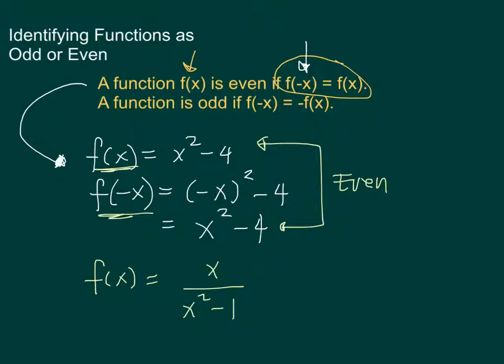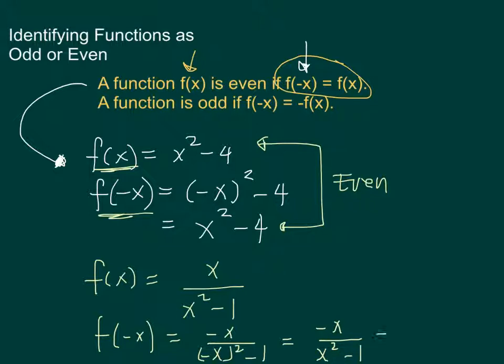Okay? If I do f of negative x, then I have negative x over negative x squared minus 1. When I simplify this, negative x is still negative x, while negative x squared in simplest form is x squared, and then minus 1.